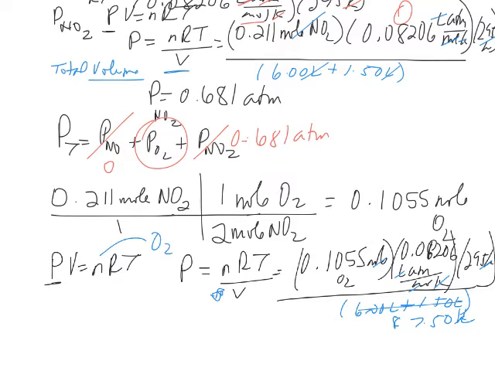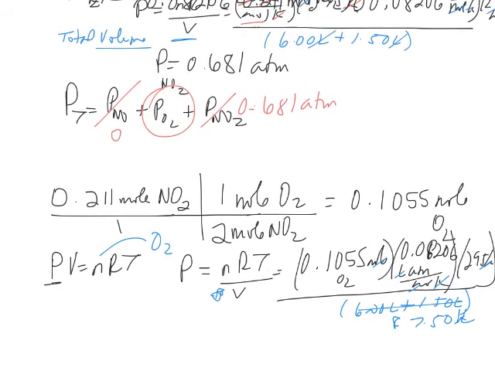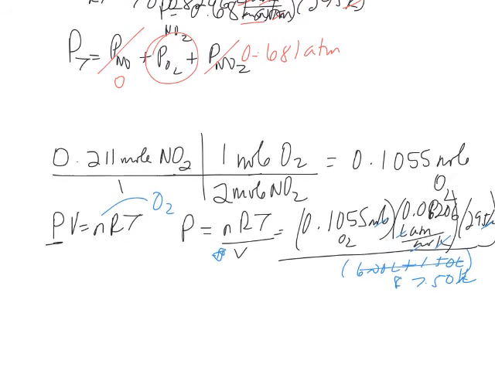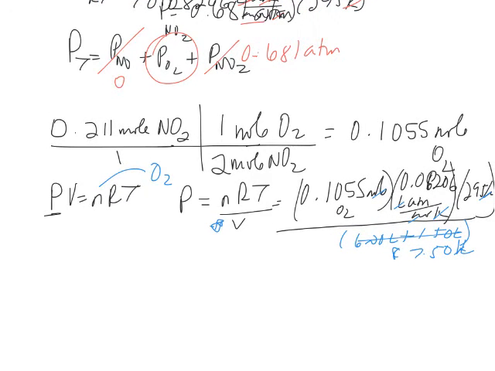We're left with atmosphere. And we solve this in our calculator, and we get the pressure for our oxygen is 0.3405 atmosphere.